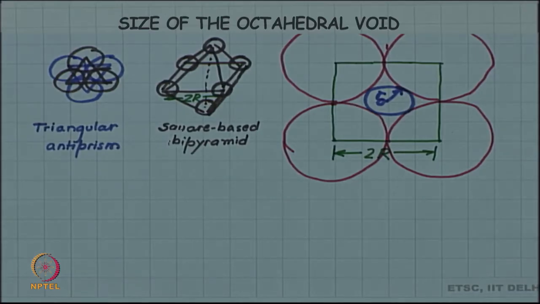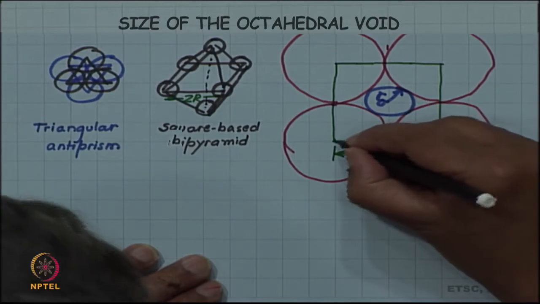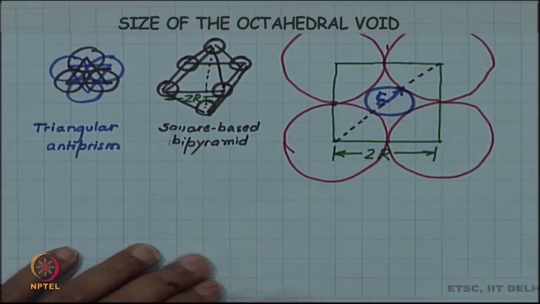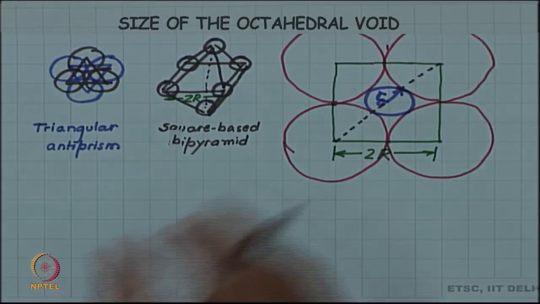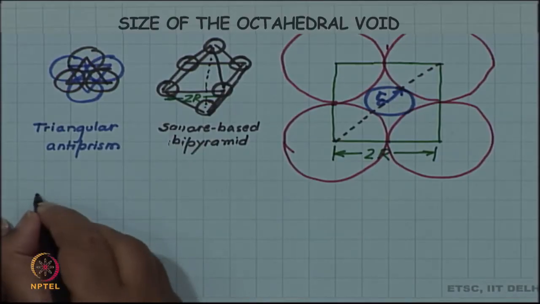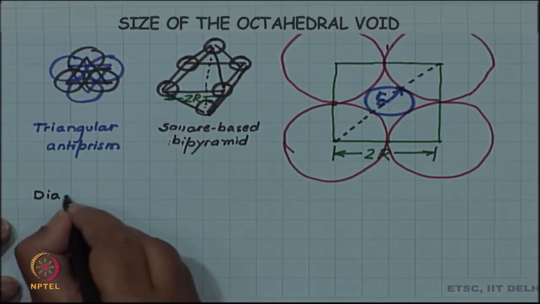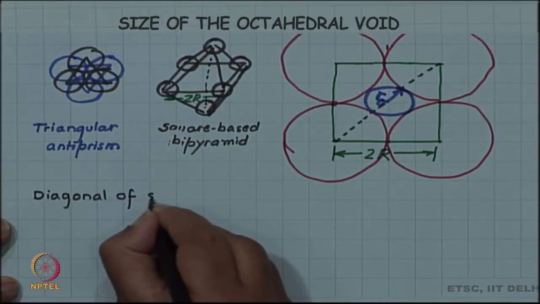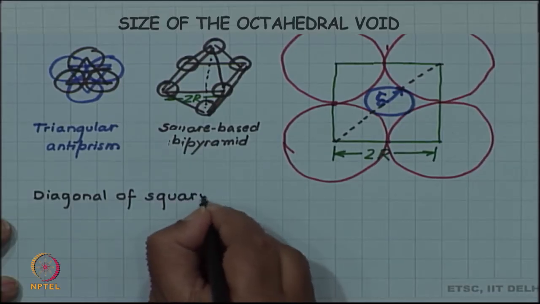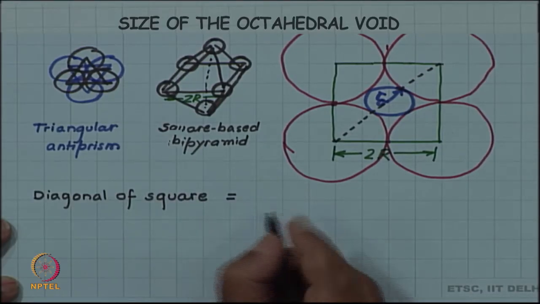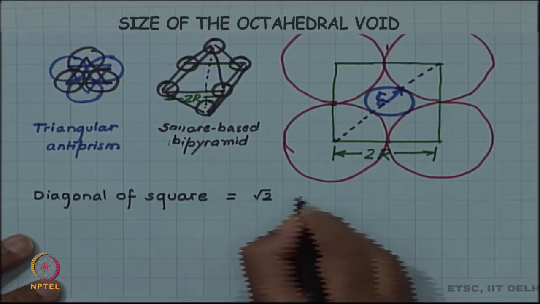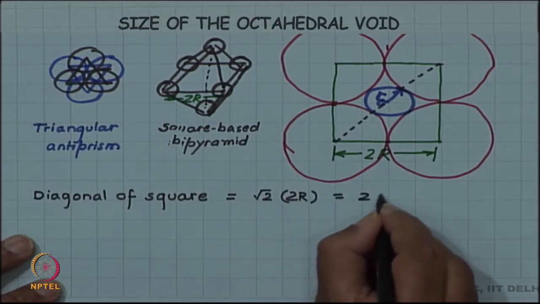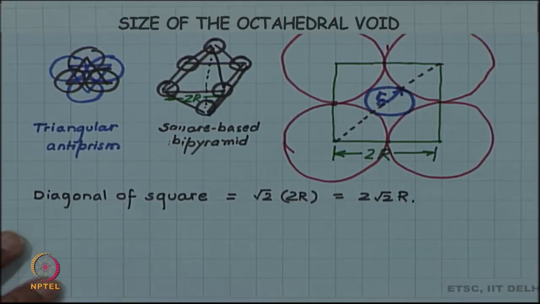So, if we connect this diagonal, we can see that the full length of the diagonal of this square is root 2 times the edge length, which is root 2 times 2 r.